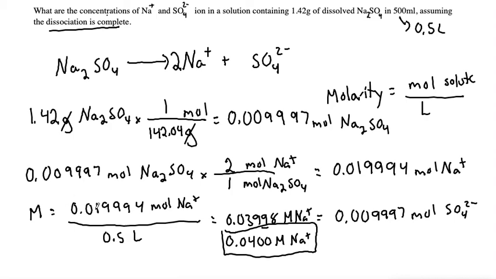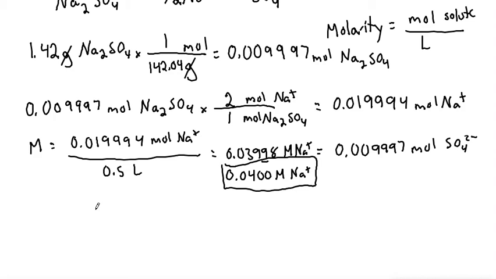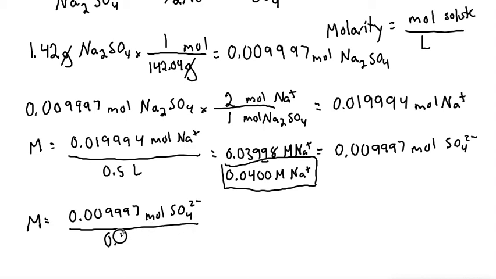And the second ion, we just need to take the moles of the SO4 2-, 0.009997 moles of SO4 2-, divided by the 0.5 liters. It's not a 4, that should be a liter.